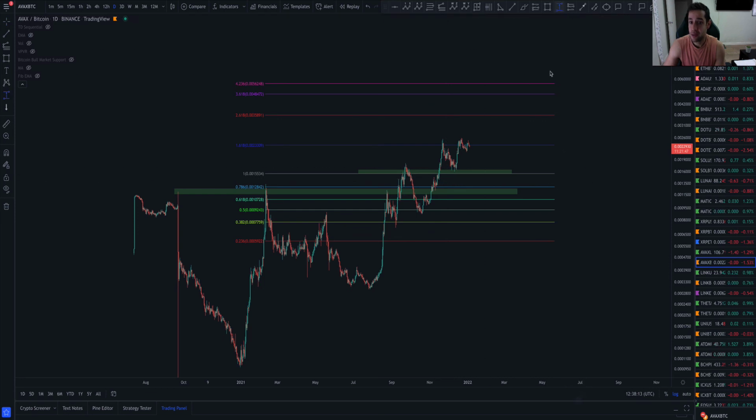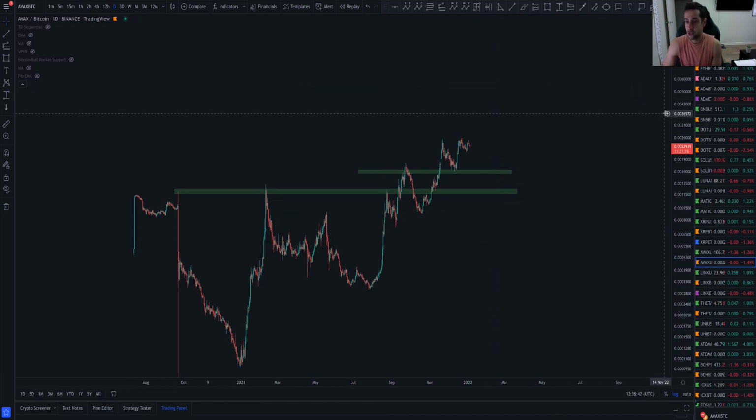Maybe at some point in the future, maybe this year, maybe some point next year, but do look at these, like I said, that 4.236 is usually a magnet for a lot of altcoins, which is a 135% increase in BTC value from current valuations. But for me, I'd be a buyer somewhere down here at these lower sat ranges to give you better value and better entry points for AVAX. So something to look out for.